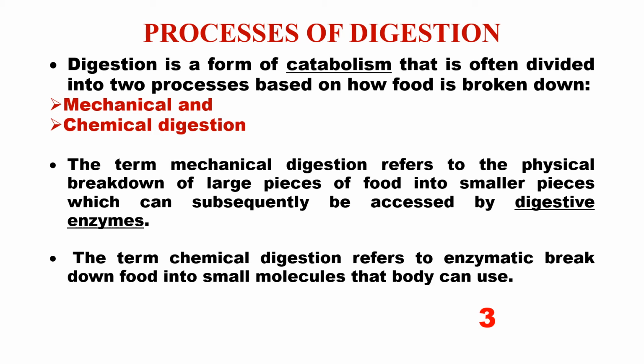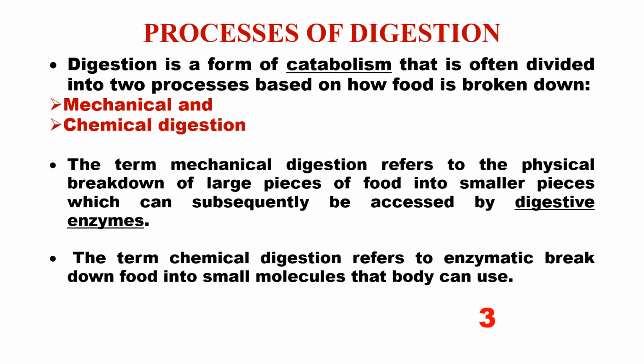The term mechanical digestion refers to the physical breaking down of larger pieces of food into smaller pieces, which can consequently be accessed by the digestive enzymes. The term chemical digestion refers to the enzymatic breakdown of food into smaller molecules that the body can use.